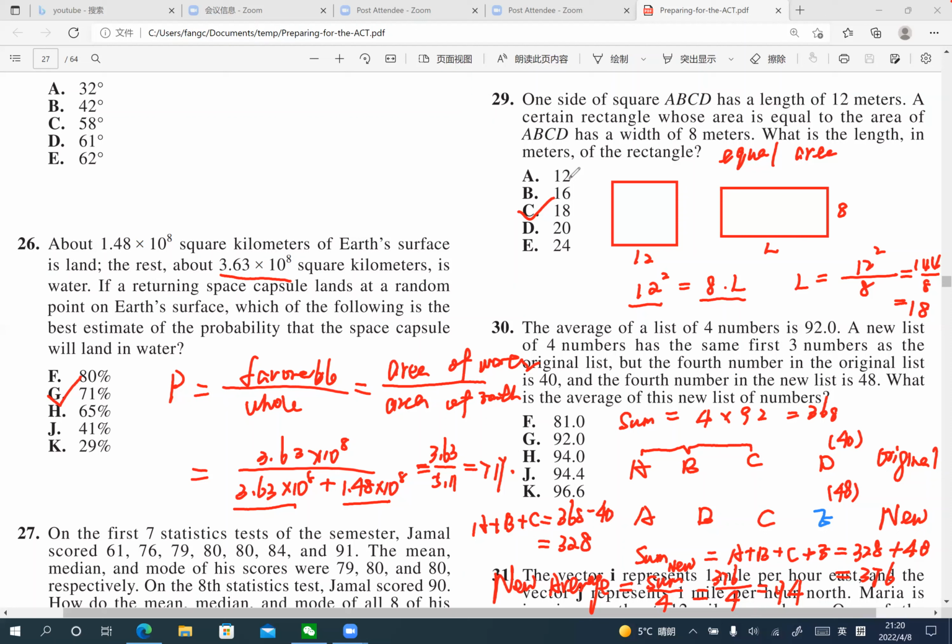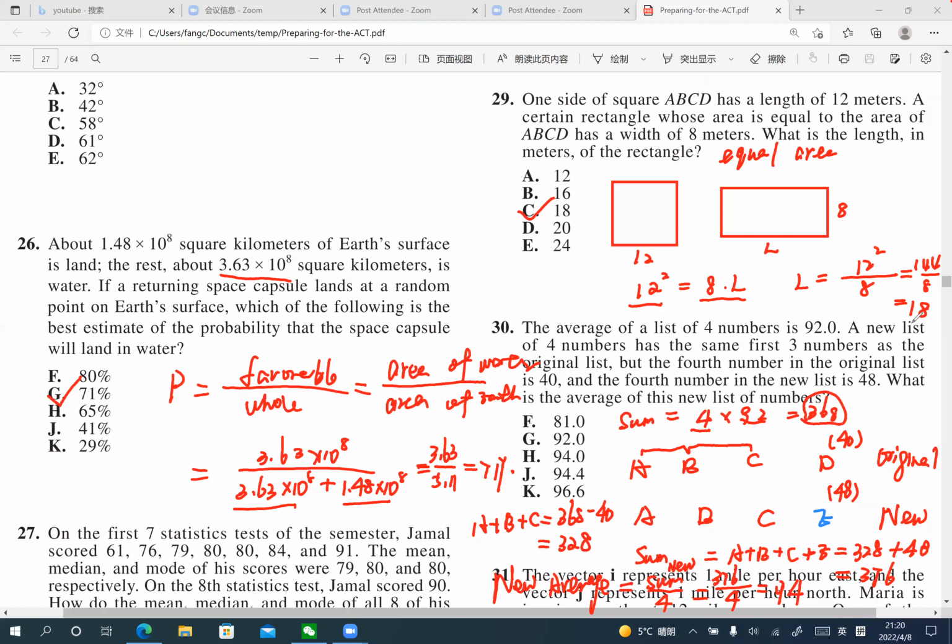So the average of the original list of 4 numbers is 92. Which means the sum should be equal to 4 numbers times the average, which is 368. That is the sum of the 4 numbers of the first list.